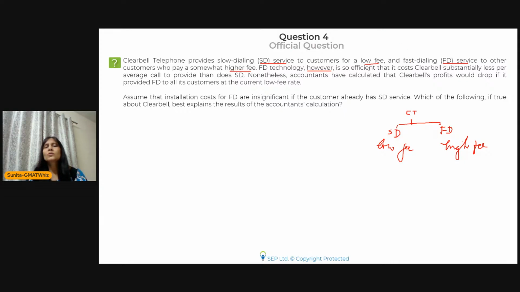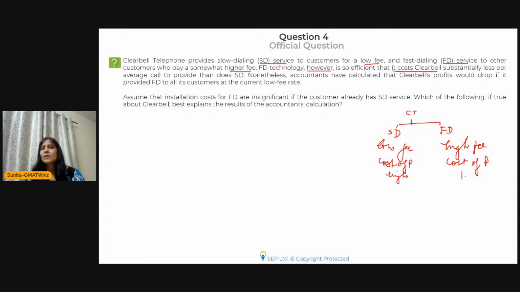FD technology, however, is so efficient that it costs Clearbell substantially less per average call to provide than does SD. So SD cost of production is high. FD cost of production is low, very low.